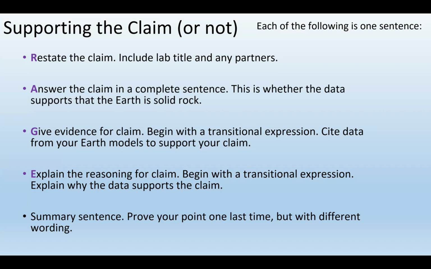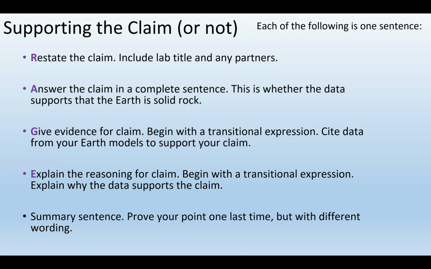The second statement, you're going to answer the claim in at least one complete sentence. So this is whether the data supports that the Earth is solid rock. Now keep in mind, our data showed 2 different parts of this claim. So you want to qualify your claim, yes or no, with that piece of evidence, because that evidence is going to support your claim.